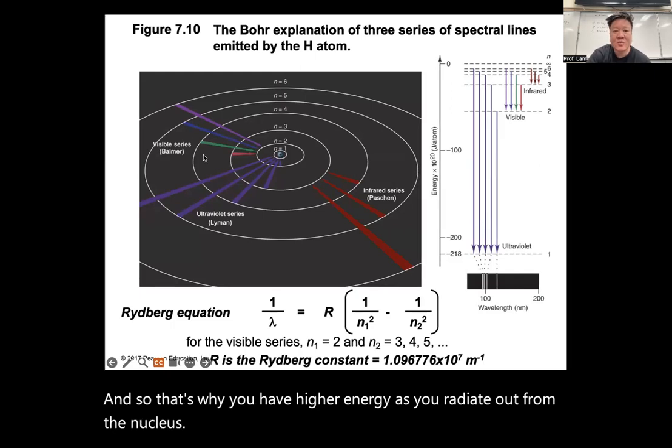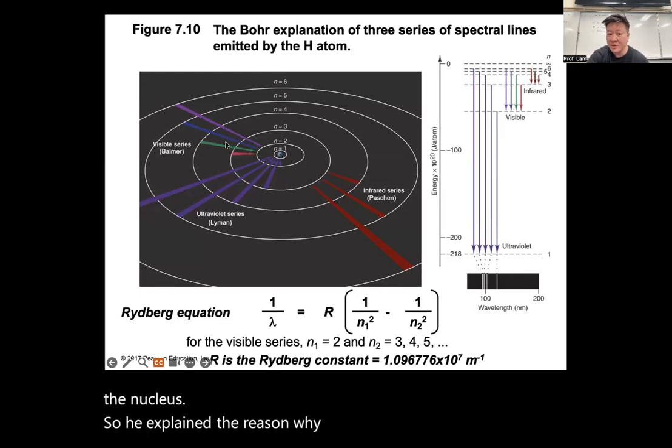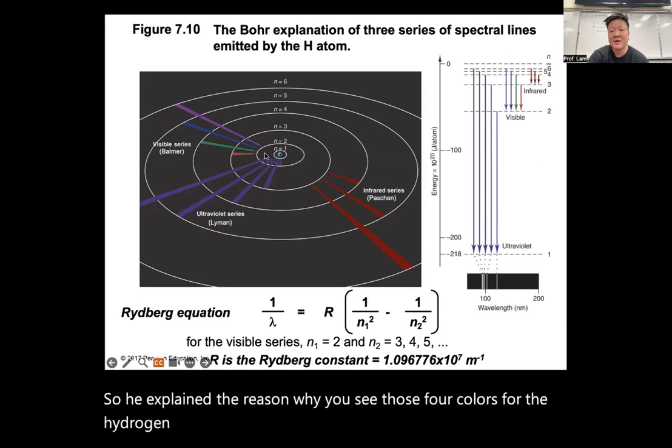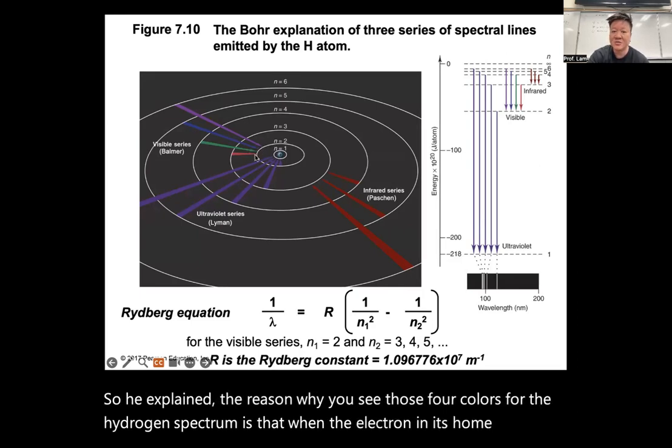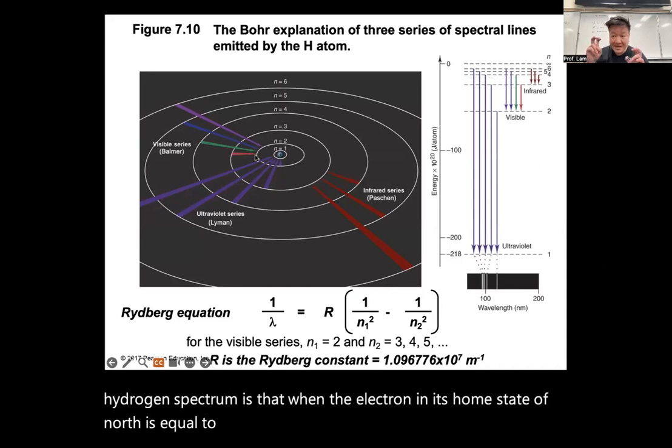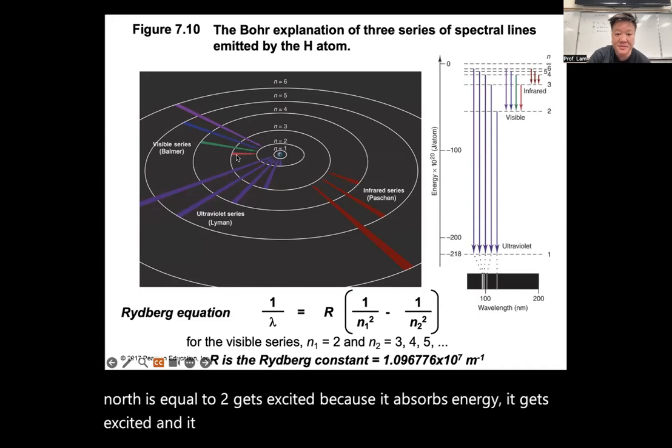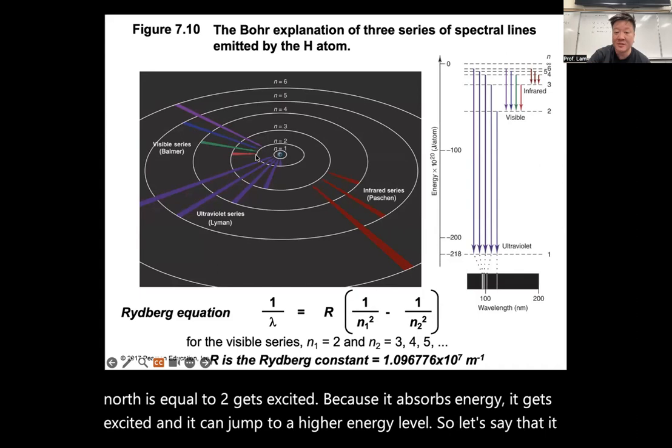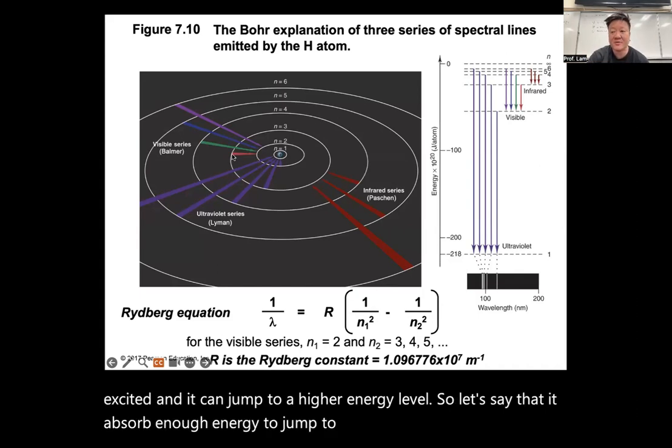So he explained the reason why you see those 4 colors for the hydrogen spectrum is that when the electron in its home state of n equals 2 absorbs energy, it gets excited and can jump to a higher energy level. So let's say that it absorbed enough energy to jump to the n equals 3 level.